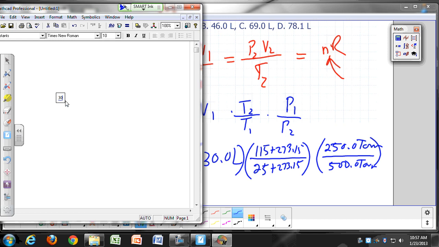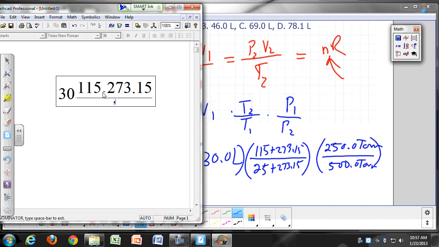$30 times 115 plus 273.15 over 25 plus 273.15 plus 273.15.